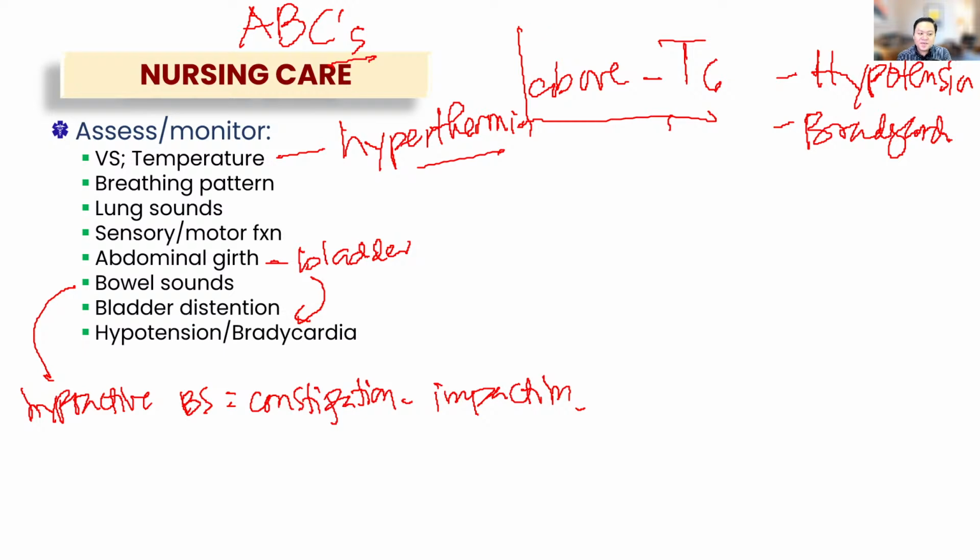Now, another thing that we need to pay attention to in the care of a patient with a spinal cord injury is to make sure of the placement, maintaining their cervical collar during any transfer.